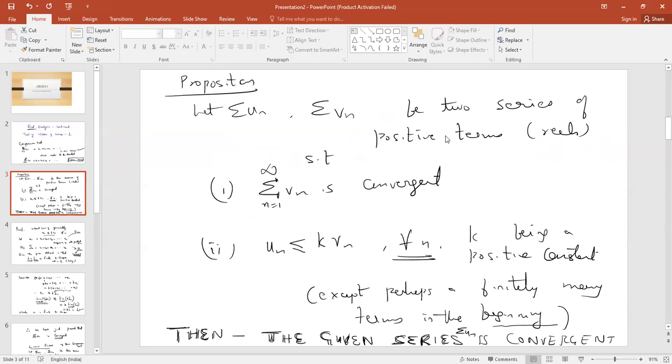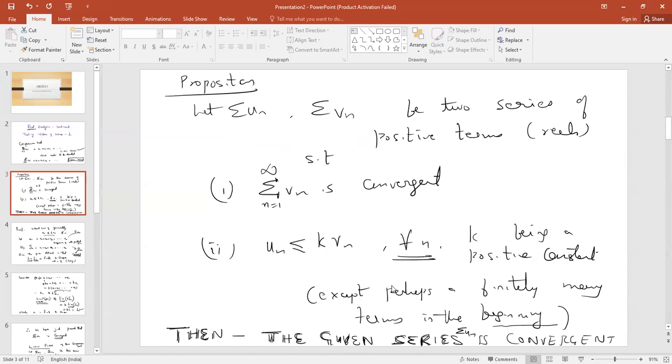Let summation un and summation vn be two series of positive terms, meaning they are reals, such that summation vn is convergent, and each term satisfies: first term of un is less than or equal to k times first term of vn, second term of un is less than or equal to k times second term of vn, and so on. Of course, k is a positive constant.